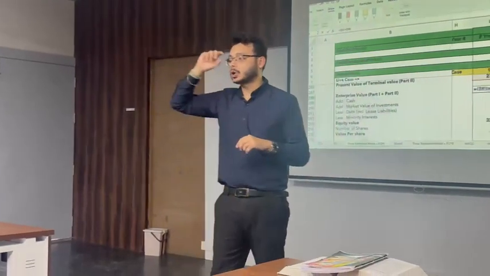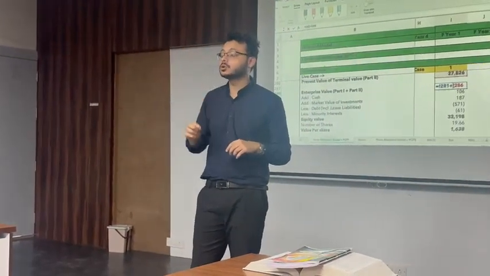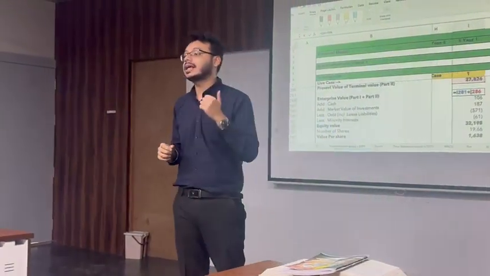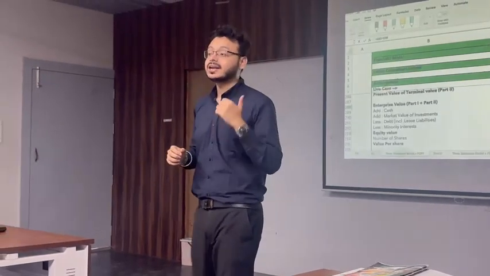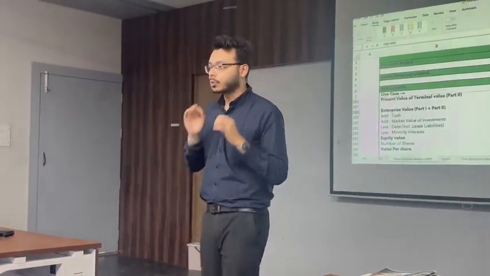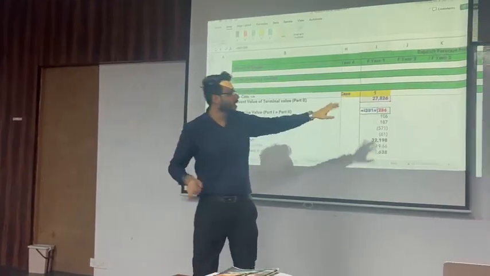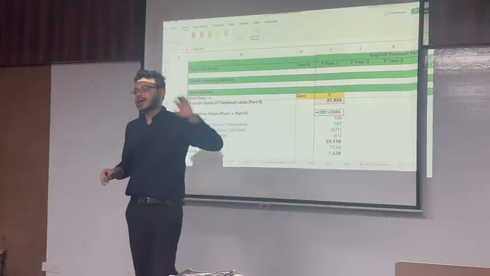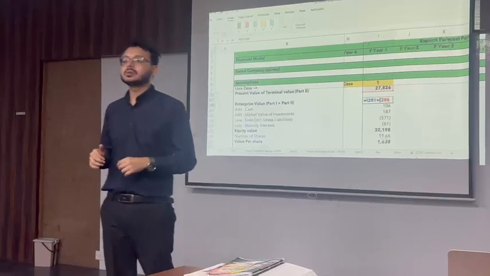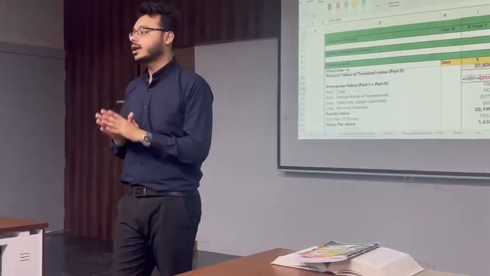From that point of time, the multiples have come down to 15 times, 12 times, on a trailing price to earning multiple. The forward price to earning multiples are even lower. So the terminal value is getting hit, and that is the reason the future price to earning multiples are coming down in one fashion.